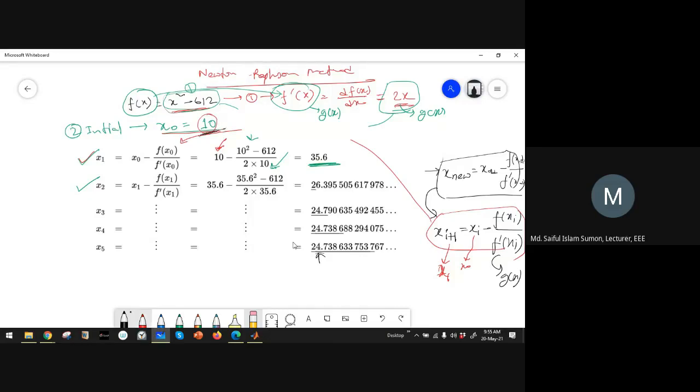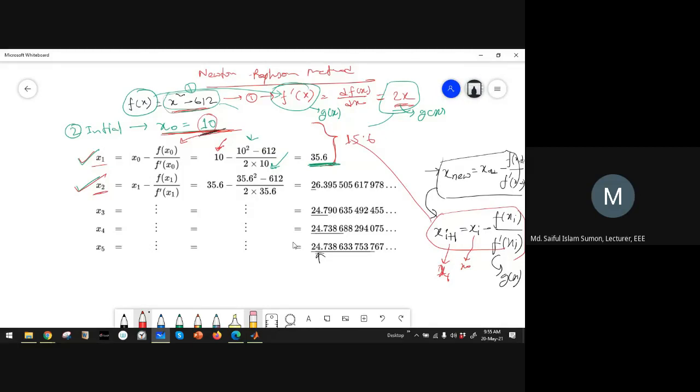Now, to see whether my solution is converging or not, I will check the difference between x0 and x1, which is around 15.6 after the first iteration. During the second iteration, i will be 2.